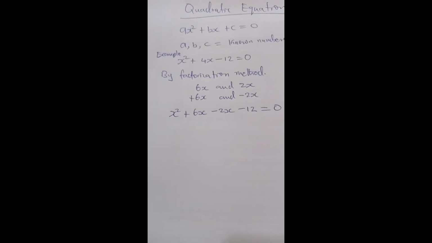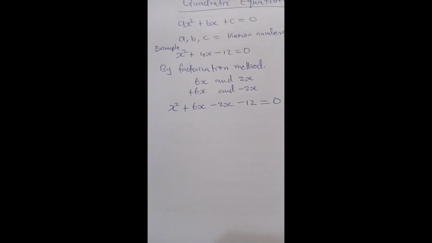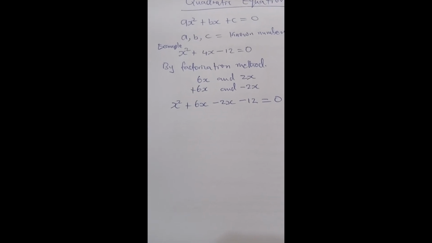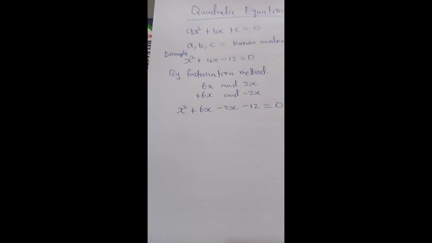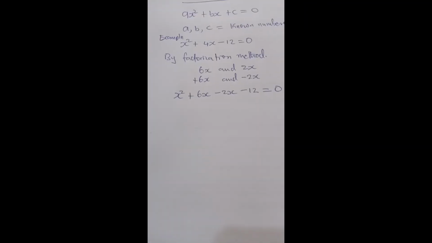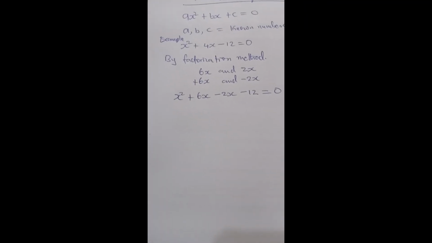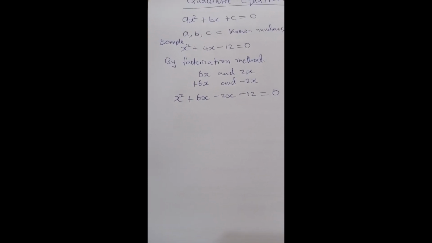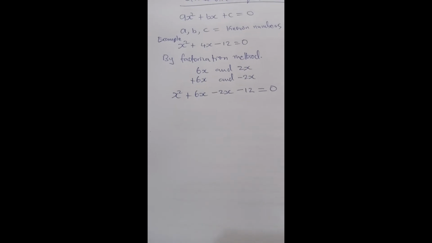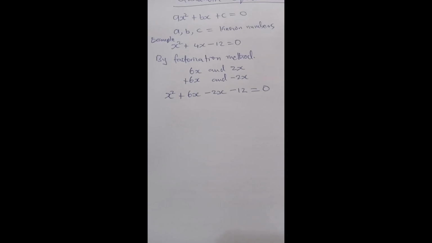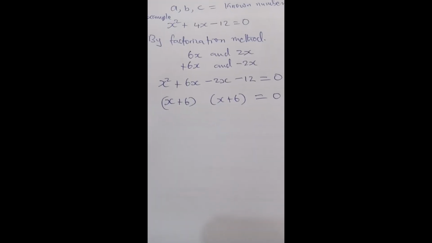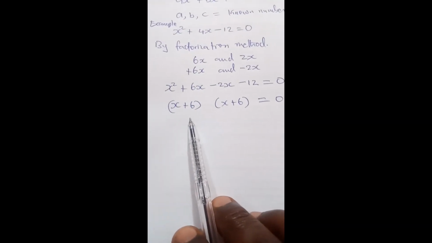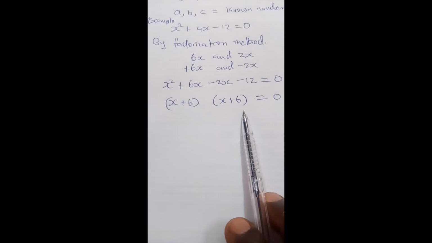Then the next thing we need to do is to factorize. Since we now have 4 elements on the left hand side of the equality sign, we will factorize. In factorizing, we will have 2 brackets, making sure that the 2 brackets will have the same elements inside of them, just like this: x plus 6 in a bracket and x plus 6 in a bracket.